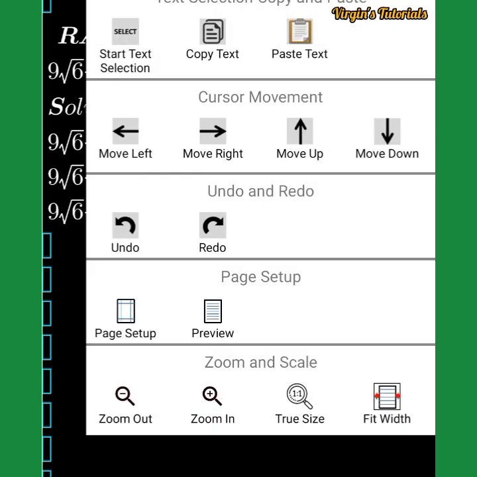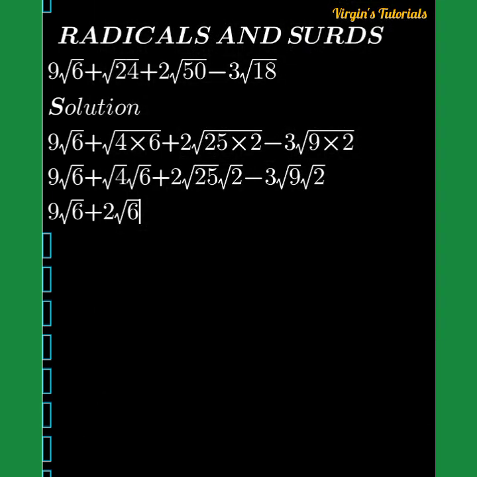Then plus 2 times the square root of 25, which is 5, because 5 times 5 is 25, times root 2. Then minus 3, and the square root of 9 is 3, so it becomes minus 3 times 3, then root 2.